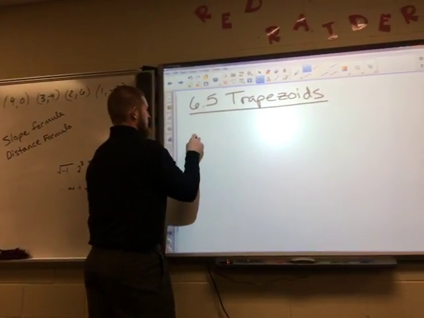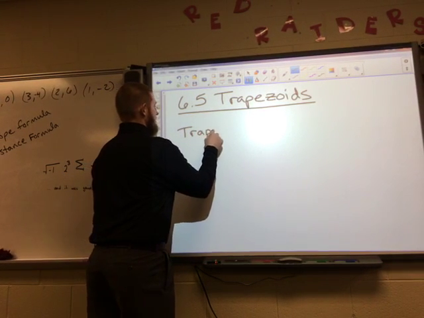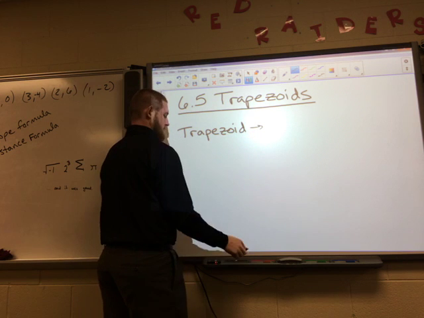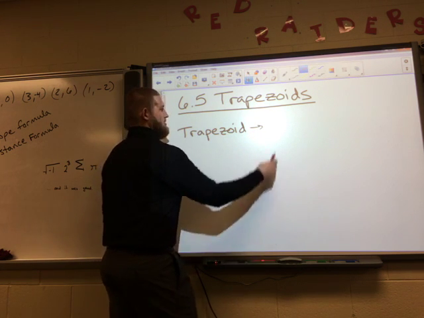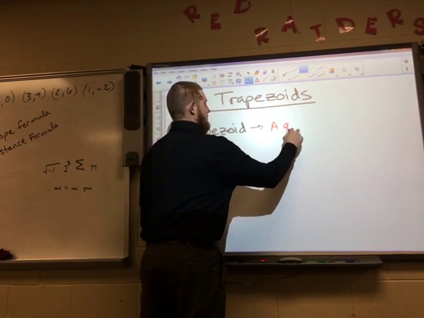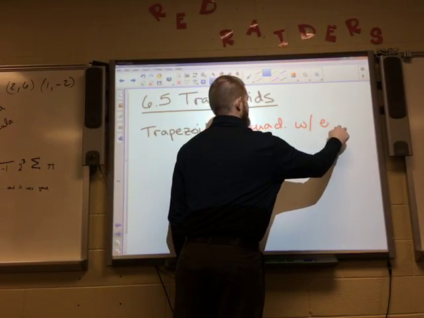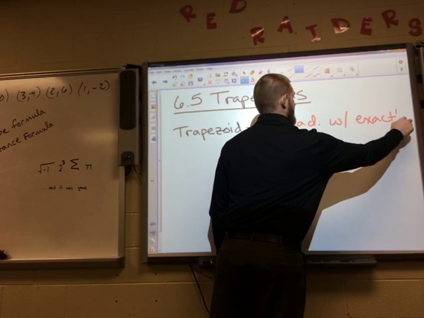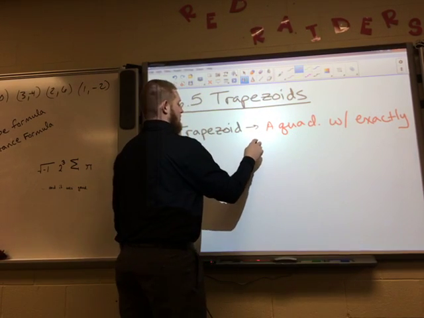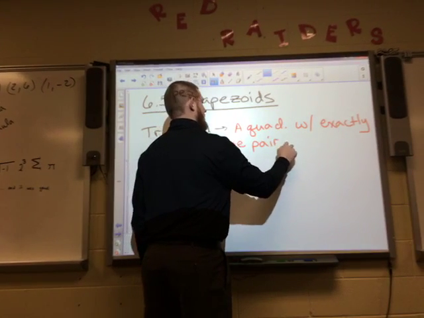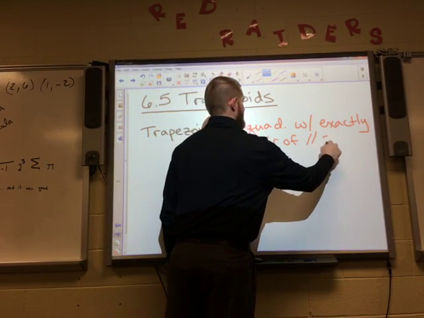Specifically, a trapezoid is a quadrilateral with exactly one pair of parallel sides.